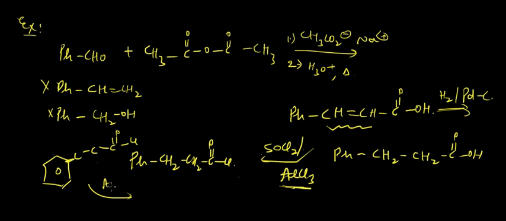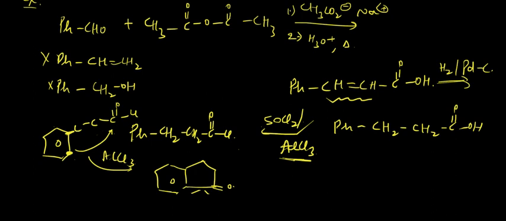Okay, and we'll be getting that this carbon atom would be attaching on this carbon atom. So as a result a 1, 2, 3, 4, 5 member ring would be formed, with double bond O here. Okay, so this would be the final product.